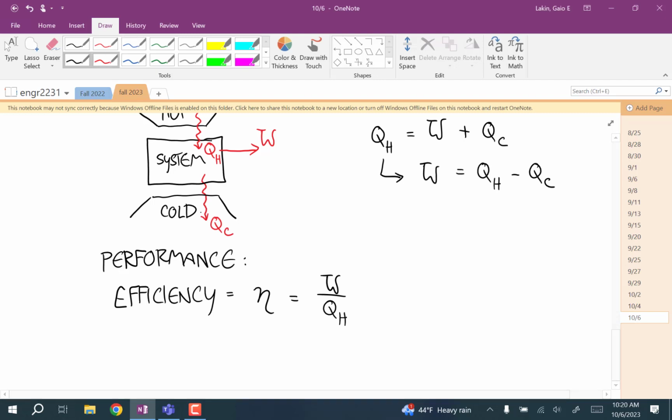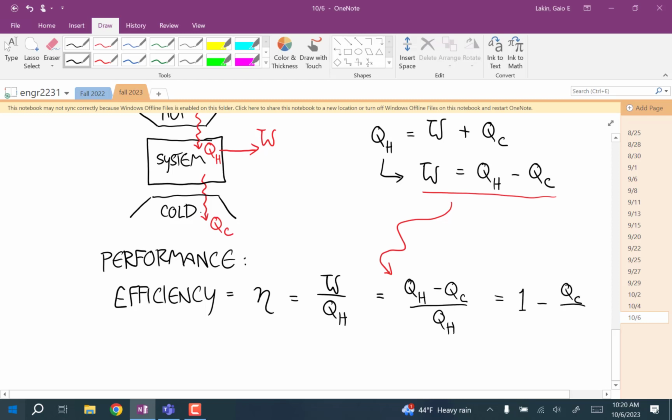And if I substitute this in for work, we can write this just in terms of heats as QH minus QC over QH. And we can simplify that to 1 minus QC over QH.